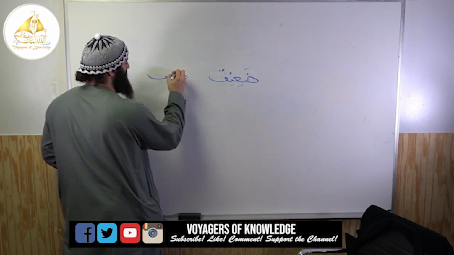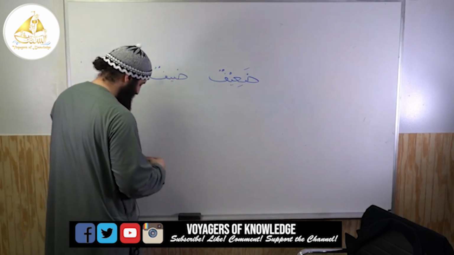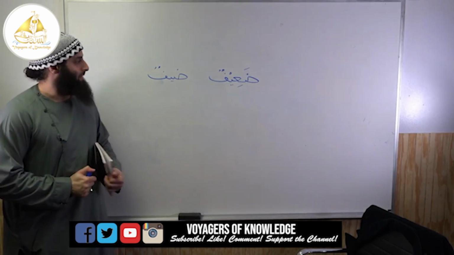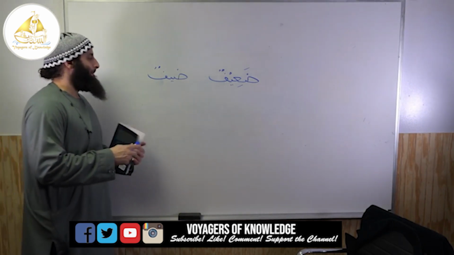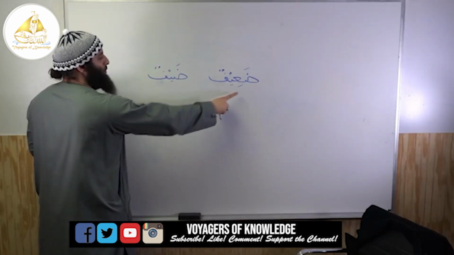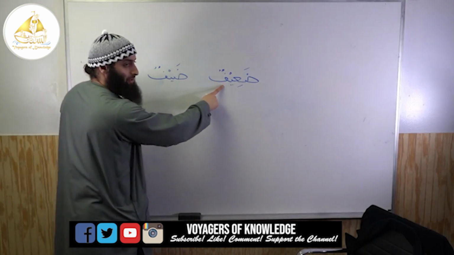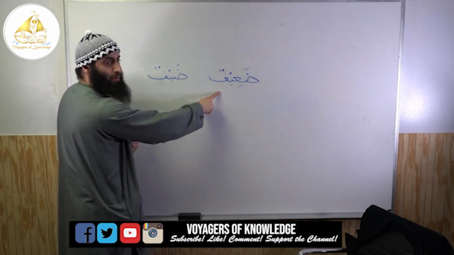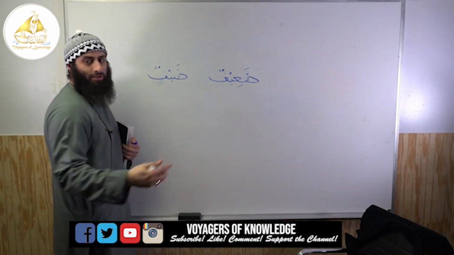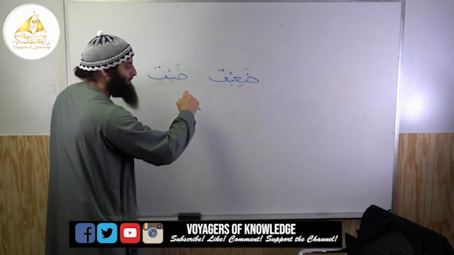So guest, we agreed on guest. See the difference? Ayn. That ayn. Is it old or weak? Weak. ضعيف is weak. Like when you say this hadith is ضعيف. It's this one, ضعيف with the ayn.